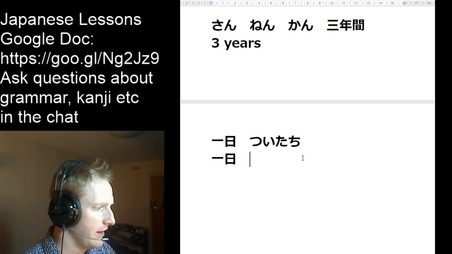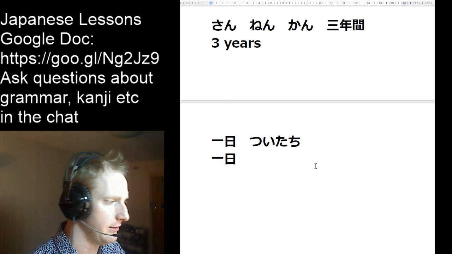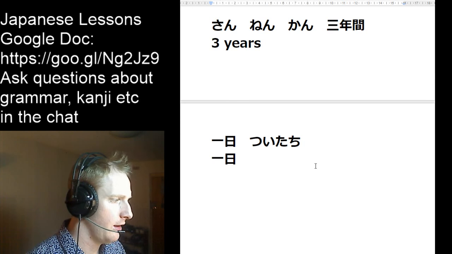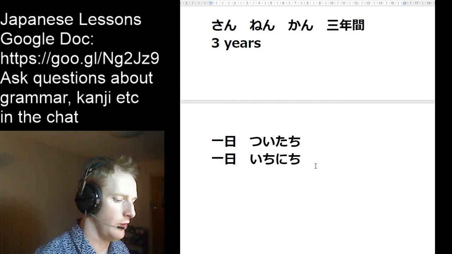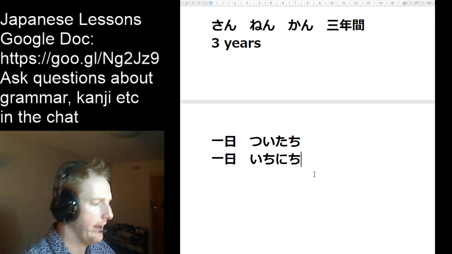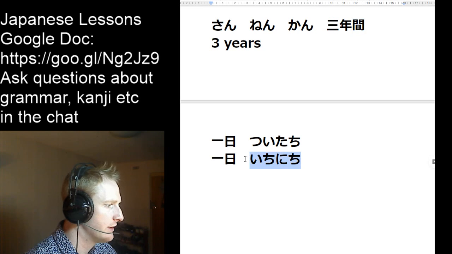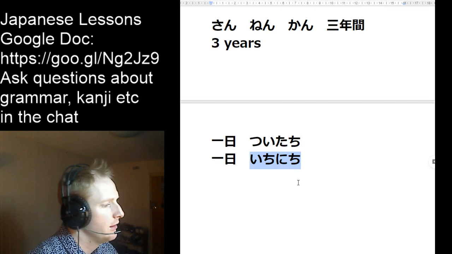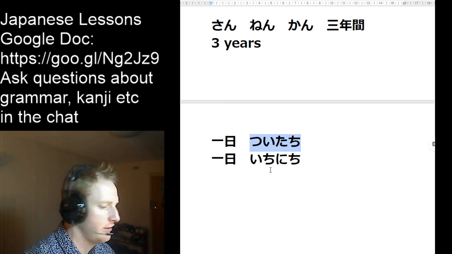So this is the first day of the month. All right, first day of the calendar, basically. Or we can read this as ichinichi, so 1 day. And when it's read as ichinichi, we don't need to put kan on the end because ichinichi is already a span of a day. We don't need to make that obvious with kan because we've got this other word tsuitachi.